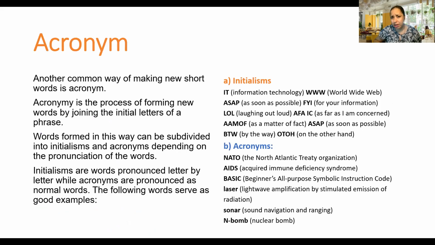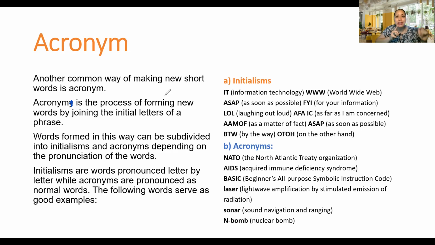Then an acronym. What is the difference between a simple abbreviation and an acronym? Let's see. So that's another way of making a short word. An acronym, it shouldn't be spelled like that here, there's a misspelling. It's the process of forming new words by joining the initial letters of a phrase.